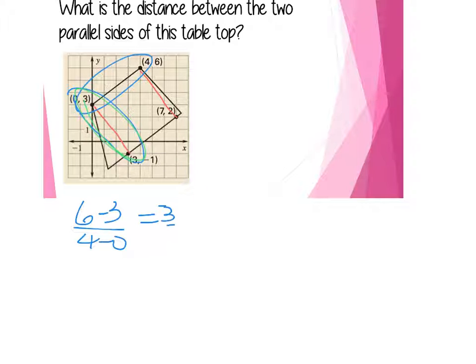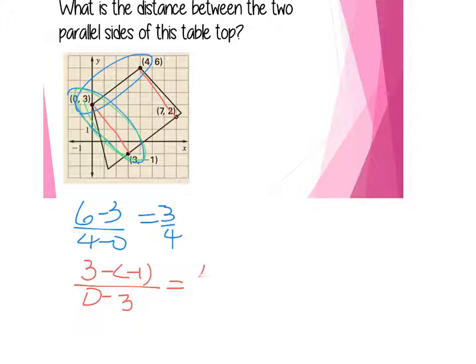Now I need to calculate the slope of the perpendicular segment that I drew down in red. So that segment is going to be 3 minus -1 over 0 minus 3.